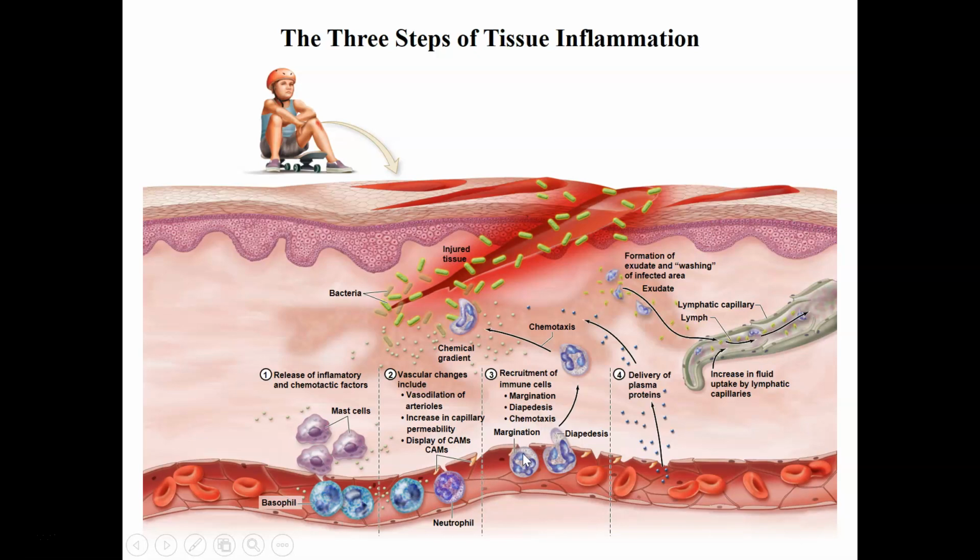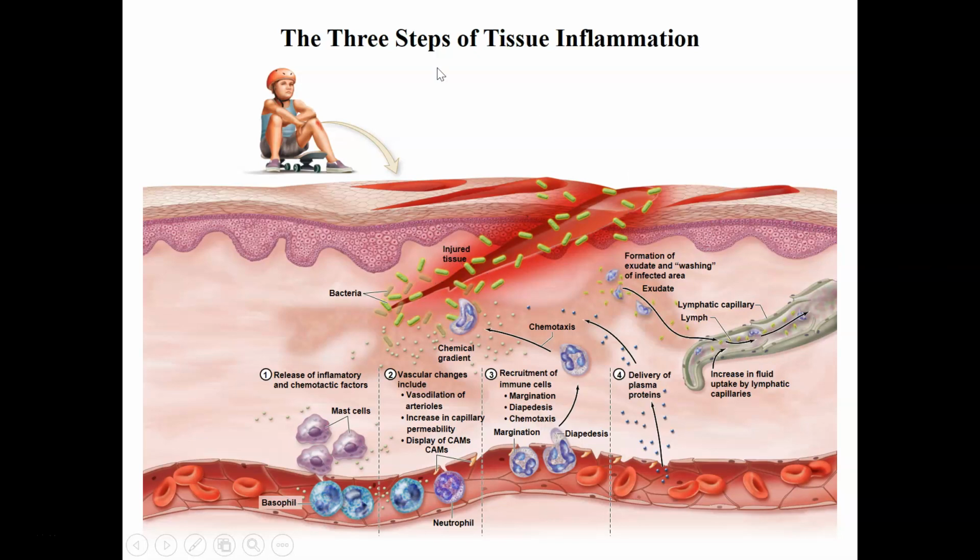So this is margination. Diapedesis is when the white blood cell squeezes out of the bloodstream into the tissue. Step 2 is diapedesis. And then the next thing that's going to happen is this white blood cell is going to follow the trail of pro-inflammatory chemicals to the site of infection.